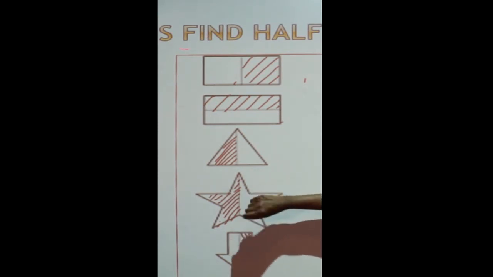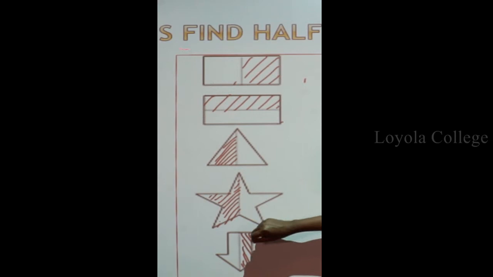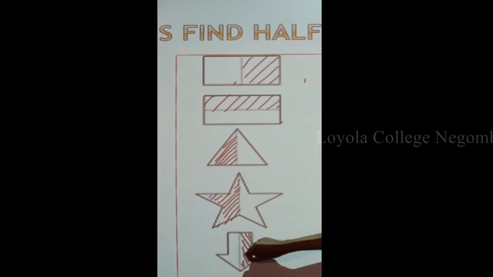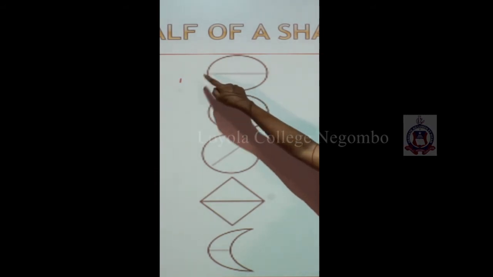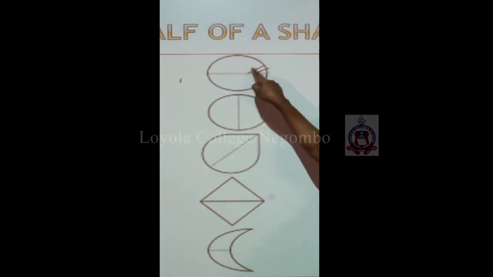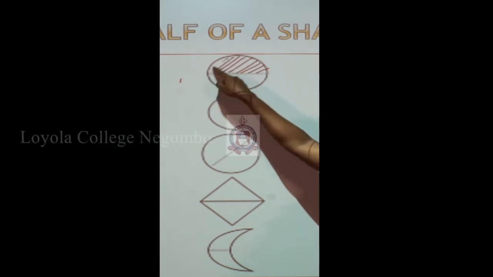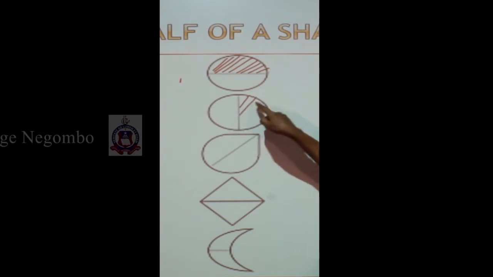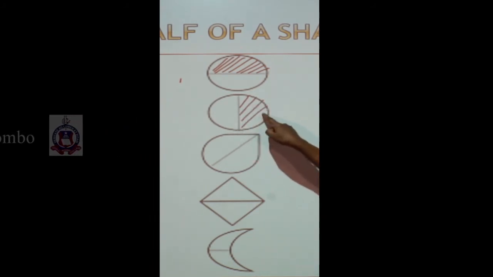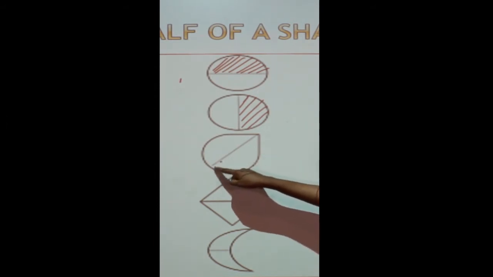You can fill coloring. I just drew some lines. You can color them nicely using crayons or pencils. And then let's see the half of this circle. Good. And here's another half. Very good. And here's the leaf.